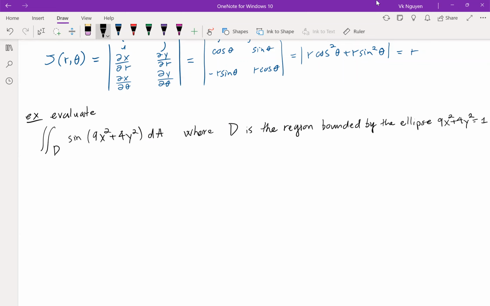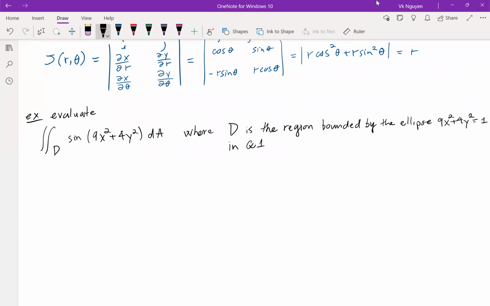What would be the u and the v here, so we can turn this thing into a nice region? Actually, let's make it a little bit more cool, and take the ellipse in Q1.